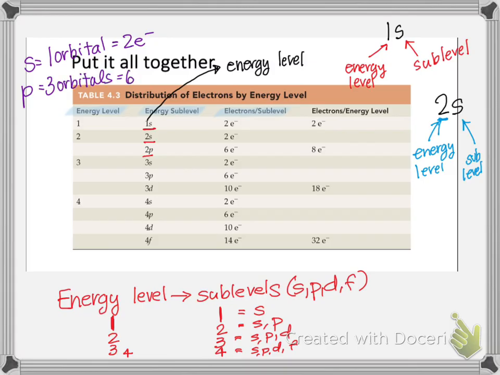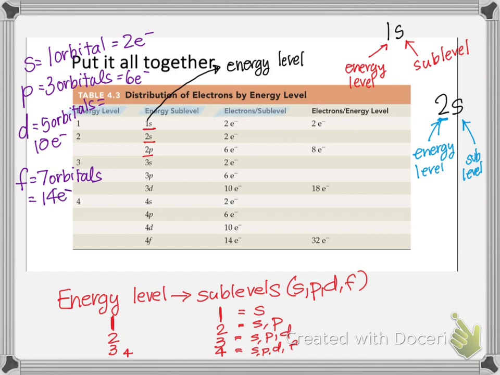So that will always be 6 electrons. Any D sublevel has 5 orbitals. So that will be 10 electrons. And then F has 7 orbitals. So that will have 14 electrons.